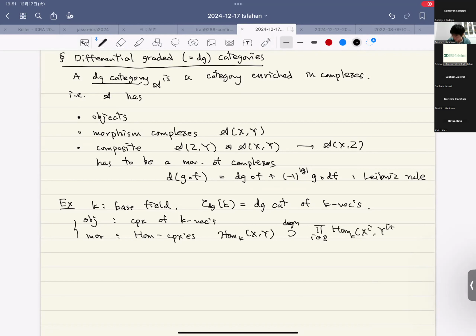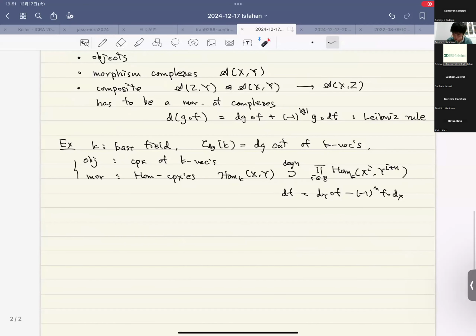And the differential takes these degree n morphisms to the composite with each of the differentials. I think you have seen this formula before.